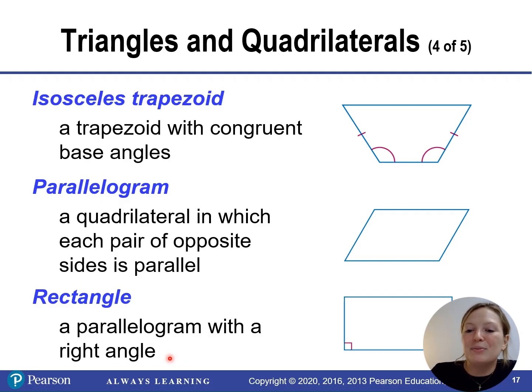You might have seen rectangle defined differently, maybe as a quadrilateral where all 4 interior angles are right angles. That's another way you could define a rectangle. But all we need is that opposite sides are parallel and at least one of the interior angles is a right angle, and that will actually force all of the other angles to be right also.